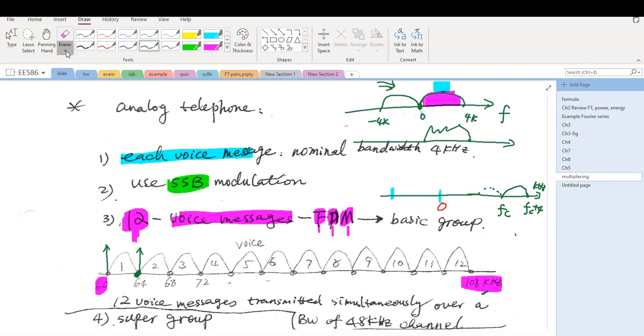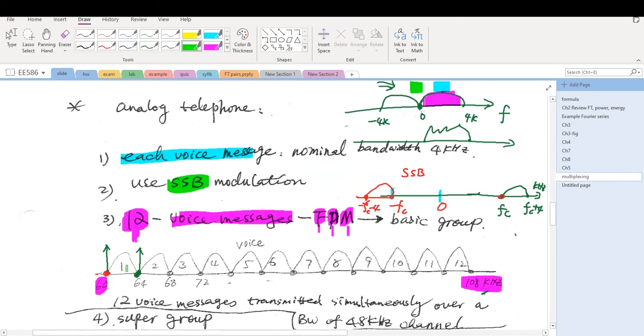So this carrier must be here. This is the first carrier. Of course there will be another one at minus FC, and then this is minus FC minus 4. This is single sideband modulation of this signal here.